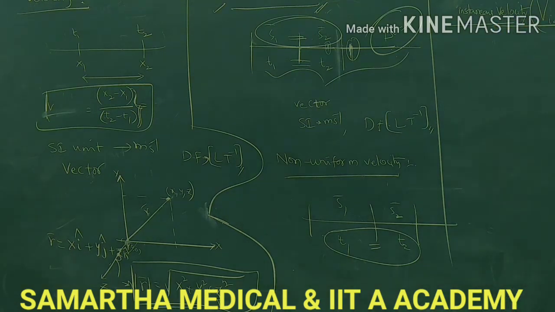Instantaneous velocity. What is instantaneous velocity? It is the velocity at a particular instant of time, when the time interval is very small. That you can say is instantaneous velocity.